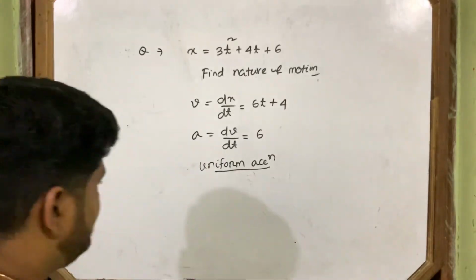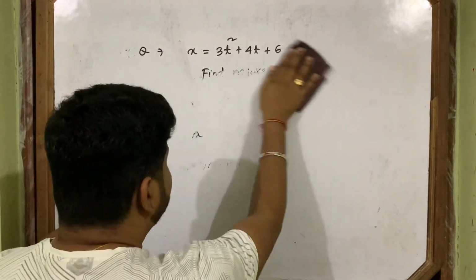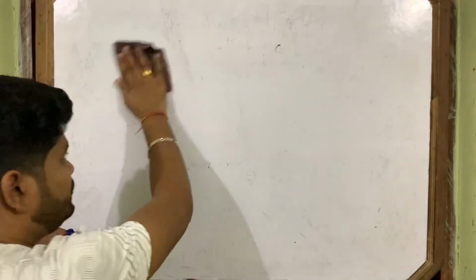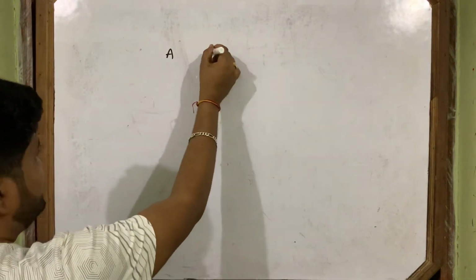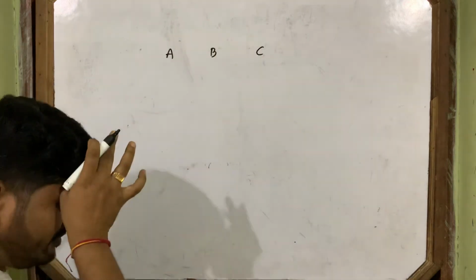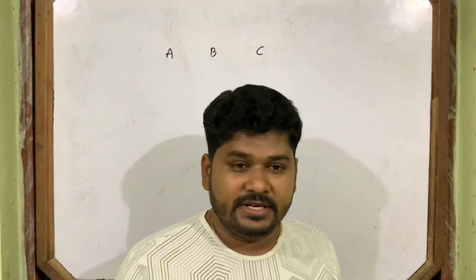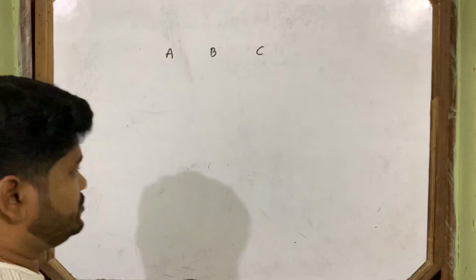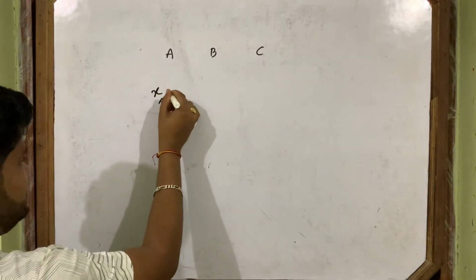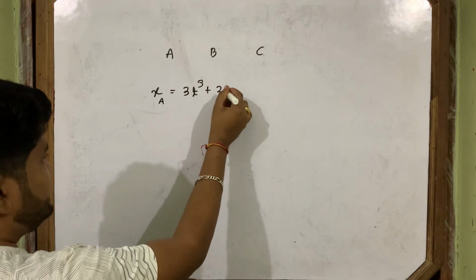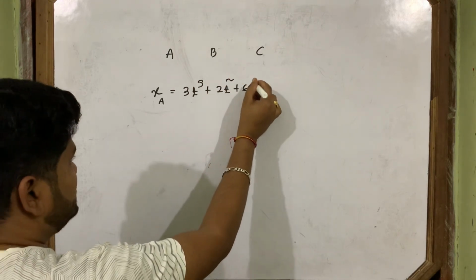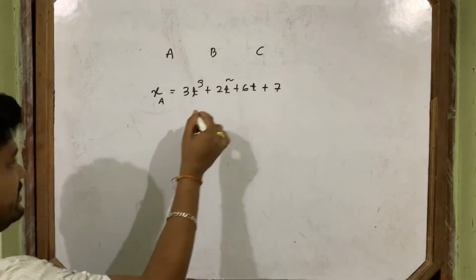Okay, I am now giving you one question. Let's take 3 bodies, A, B, C. I am writing their equations and you will find their nature of motion. xA, A's position varies with time like this: 3t cube plus 2t square plus 6t plus 7.